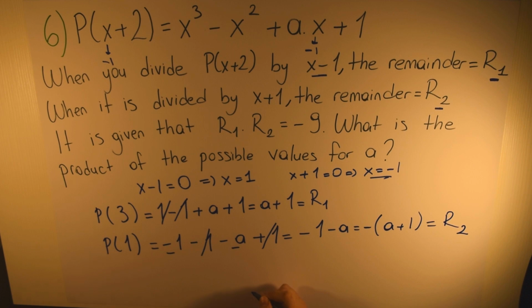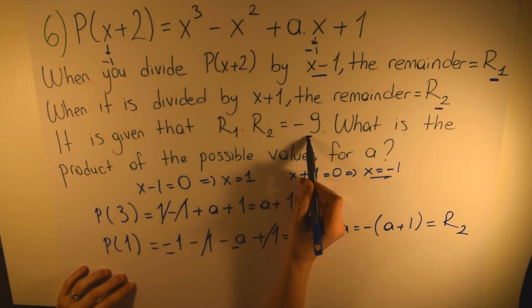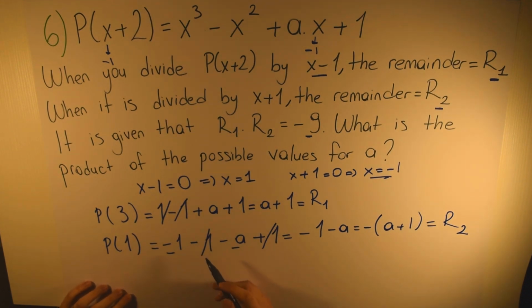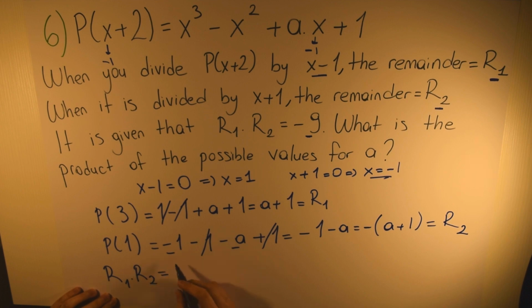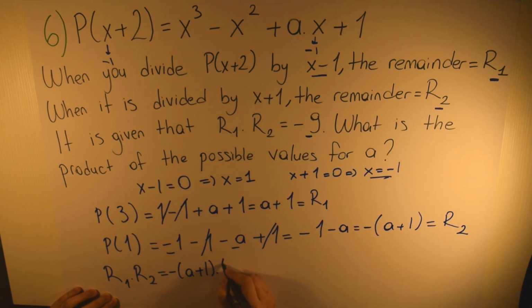Another piece of information is given here, that is r1 times r2 is equal to minus 9. Okay, let's do that. r1 times r2 is equal to, so what is r1? It is a plus 1, right? So it's a plus 1 times r2, which is this, so let me put the negative sign here, and also I have a plus 1 here, right?